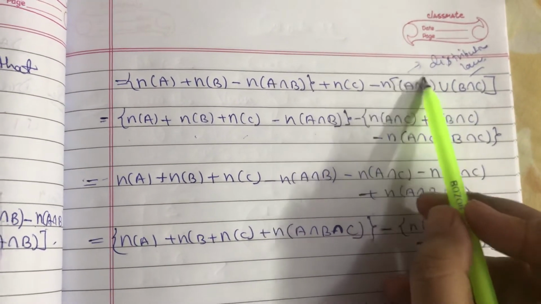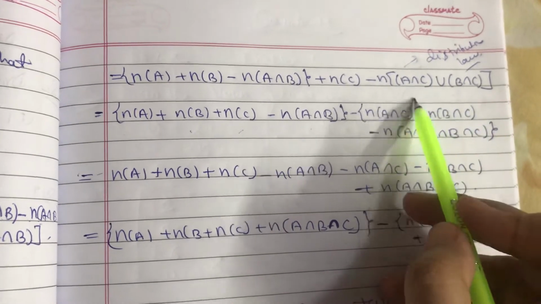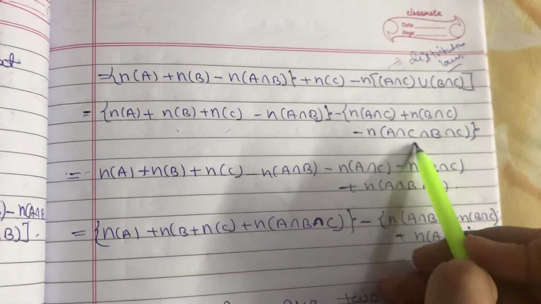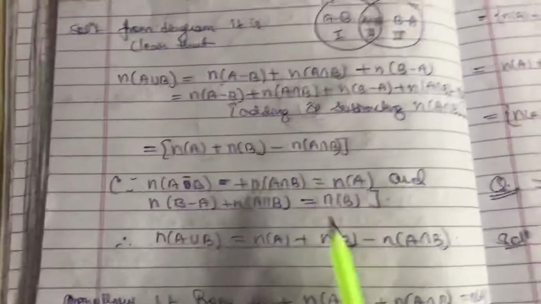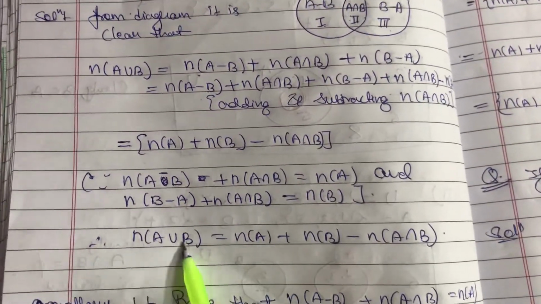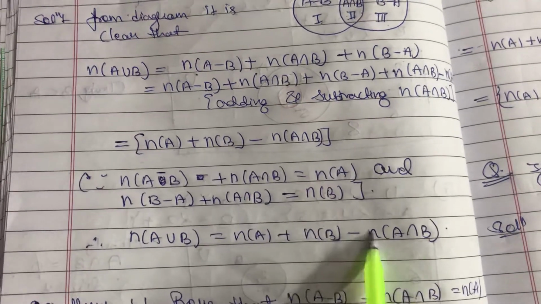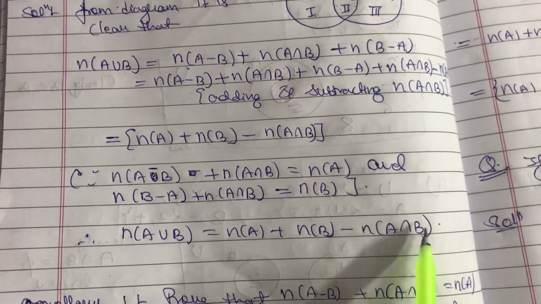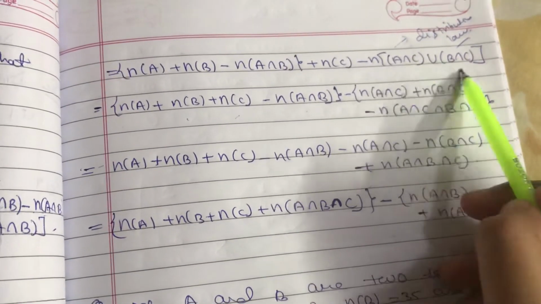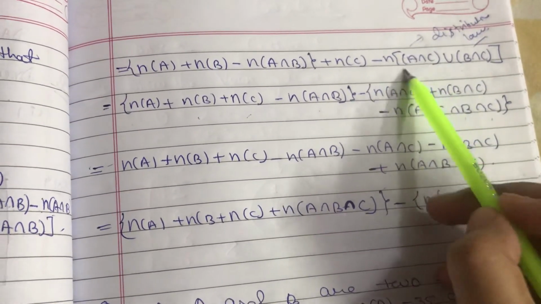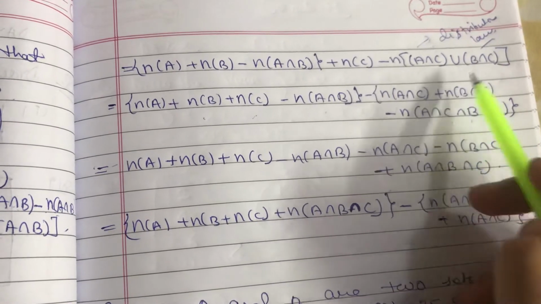So n of term 1 union term 2 is what? n of term 1 plus n of term 2 minus n of term 1 intersection term 2. This is my formula. Again I'm using this formula. So using that formula, I'll break it again. So on breaking it, I'll get this.